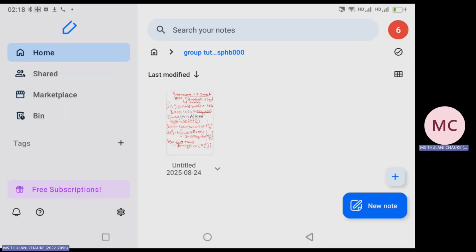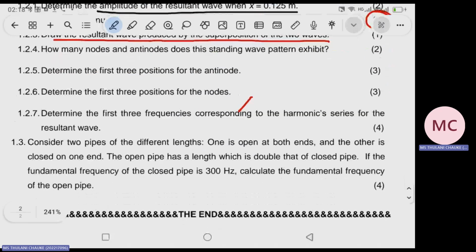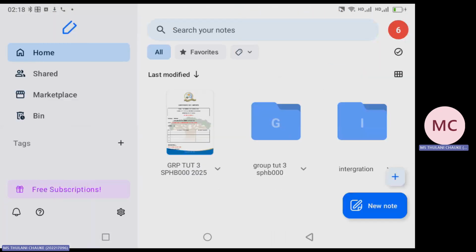So that's what they were asking in the next question: how many nodes and antinodes does this wave pattern exhibit?